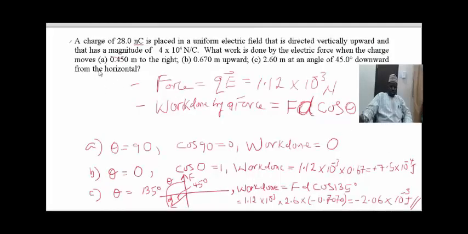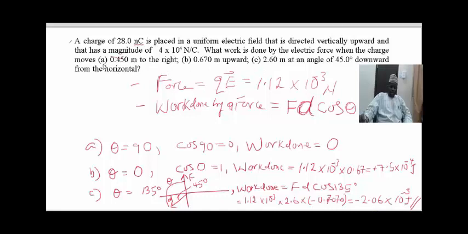Here is another question which involves a charge of 28 nanocoulomb, placed in an electric field of intensity 4 times 10 to the power 4 newton per coulomb. We have to calculate the work done by the electric force on the charge due to the electric field when we move the charge in three different directions.